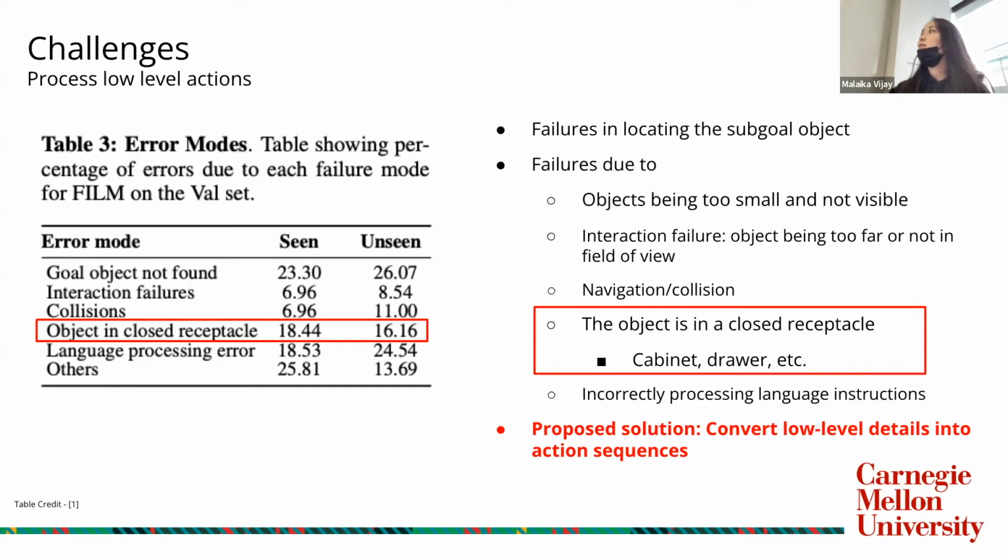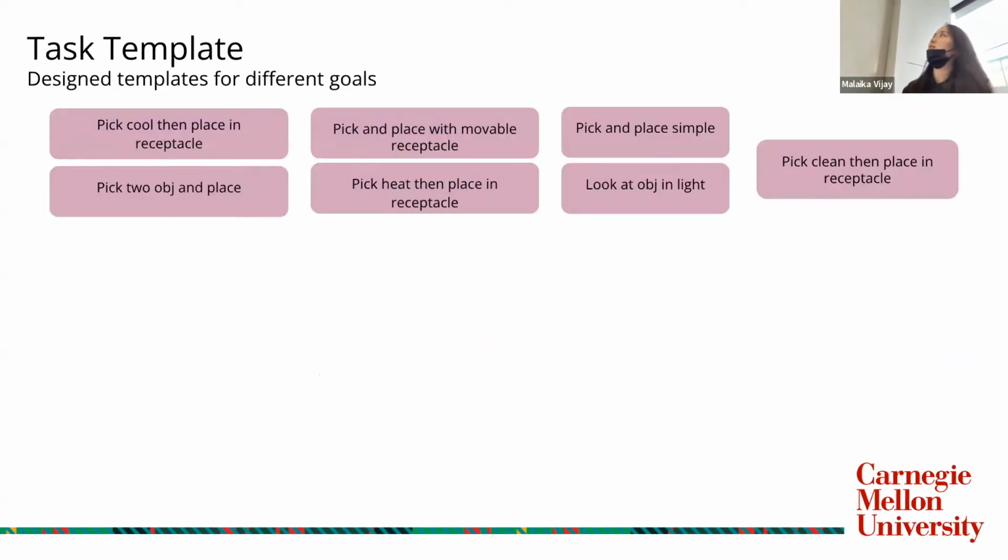So the proposed solution is to convert those low-level details into action sequences. Let's dig into more details. There are 7 goal types in the FILM model, and we have designed templates for each of the goals. So let's say the language instruction is heat an apple and put the apple on the counter, then it will be categorized into this type: pick, heat, then place in receptacle.